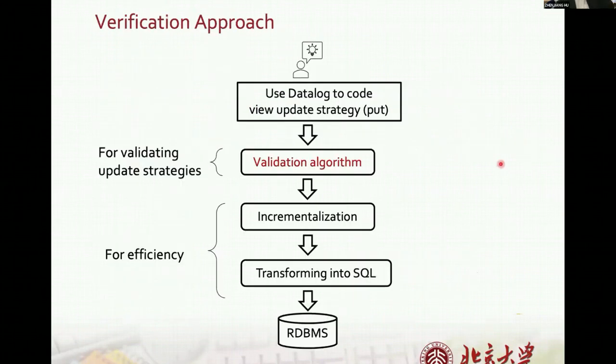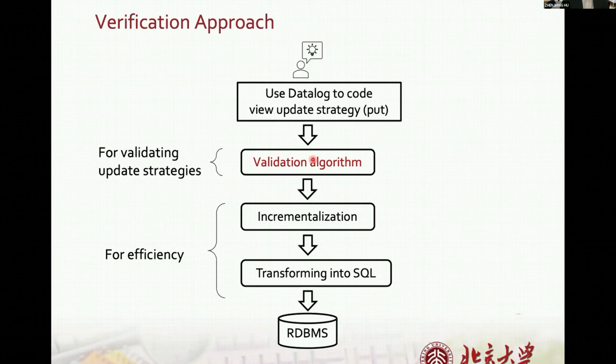So we do validation. The validation algorithm basically takes the Datalog programs and does automatic validation. Certainly Datalog is very powerful and you cannot deal with any Datalog to do this kind of validation. You should choose a subset that is powerful enough and useful enough.